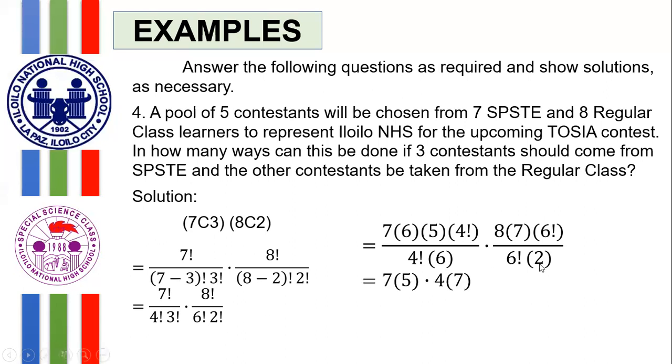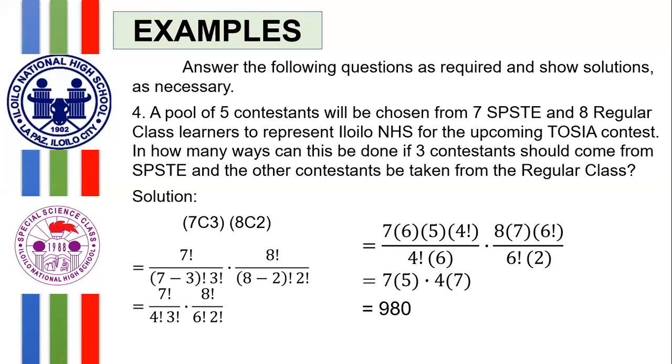From the first one, you could see that the 6 and the 4 factorial could be divided, so what will be left in the numerator is 7 times 5. In the second one, the 6 factorial will be divided, so it becomes 1, and 8 divided by 2 is 4. So you have here 4 times 7. And 7 times 5 times 4 times 7 is 980.